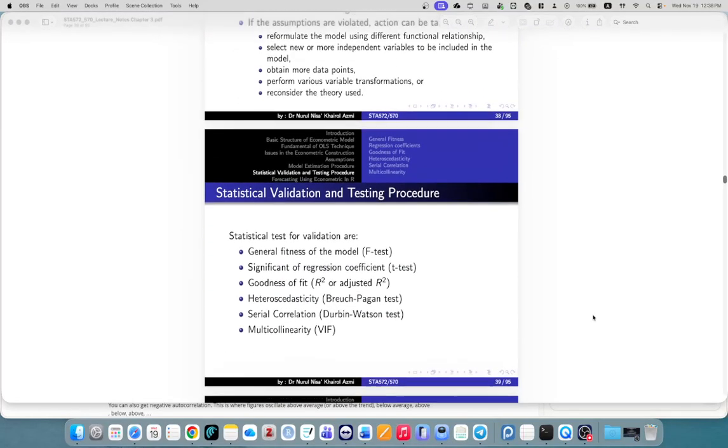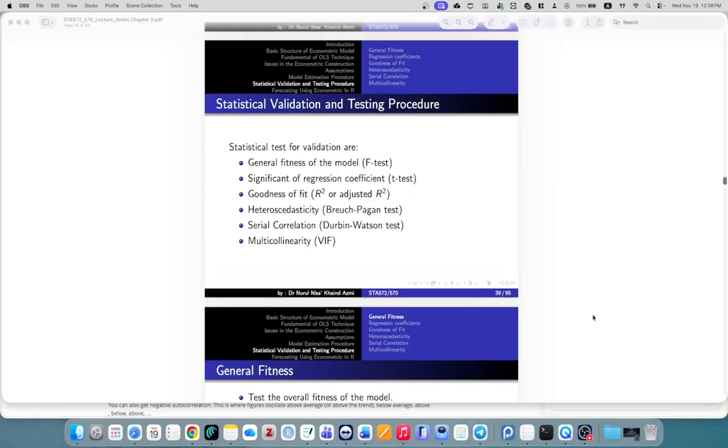So in our discussion today, I will discuss several statistical tests that will be used to do the validation. When we perform general to specific or specific to general, this is the guideline that we use to decide whether we want to retain or exclude the variables.